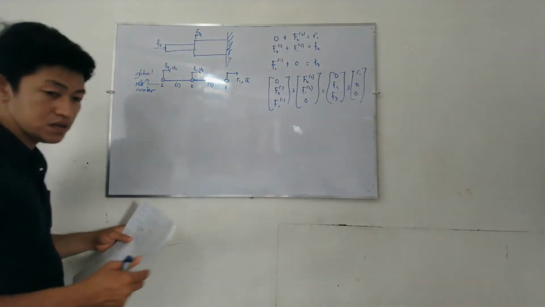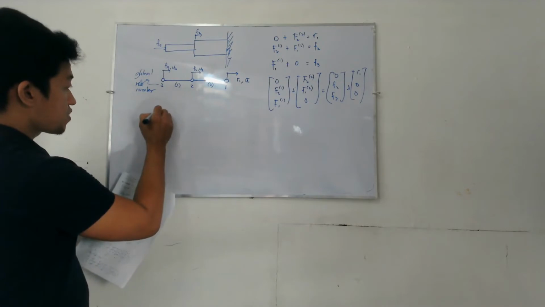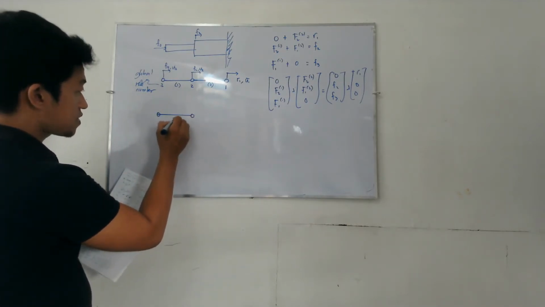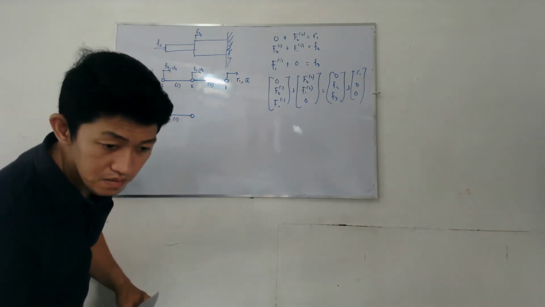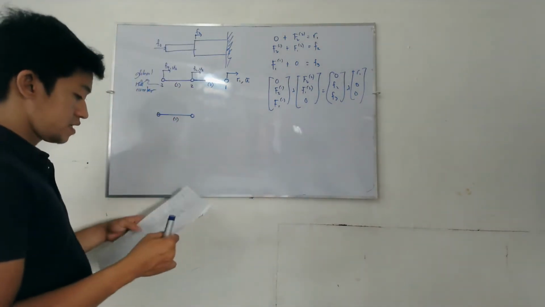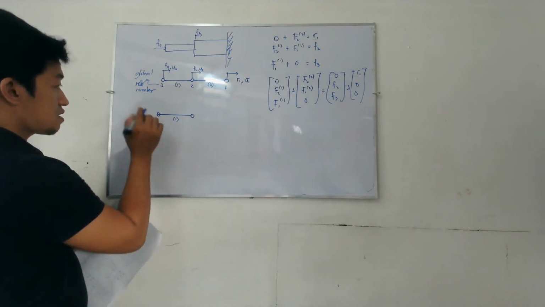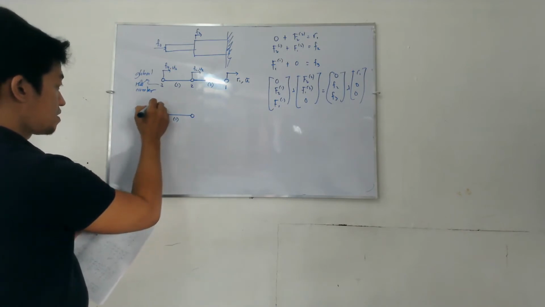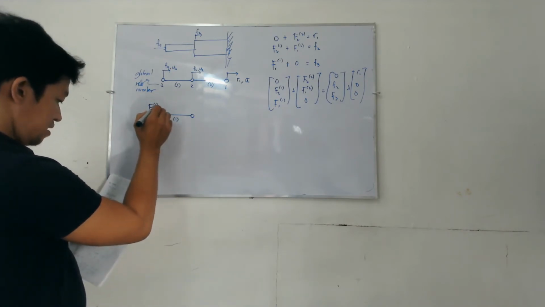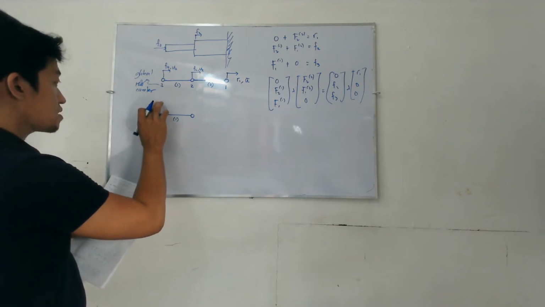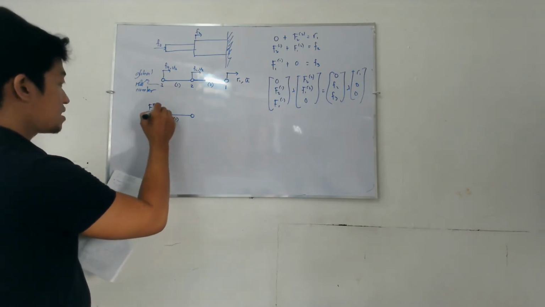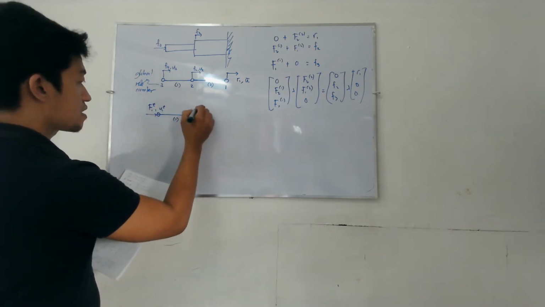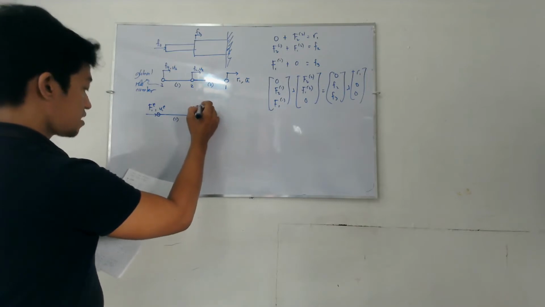Okay, so let's recall that for the single element, we derived this equation earlier: f1 raised to e, and f2 raised to e.